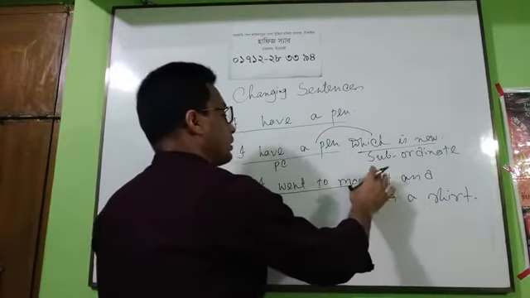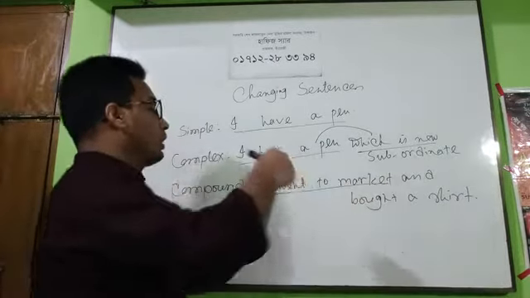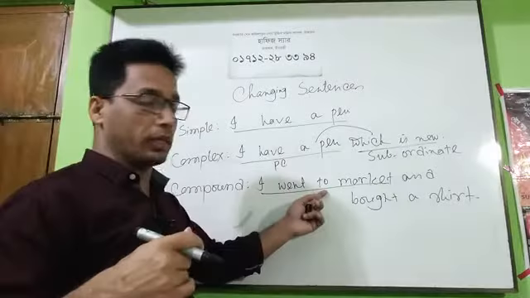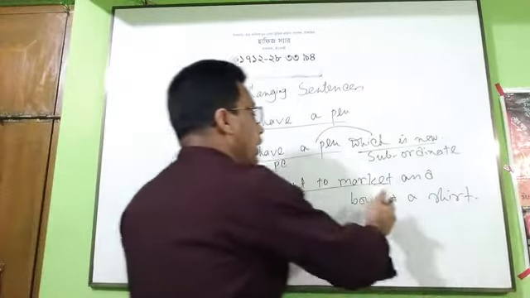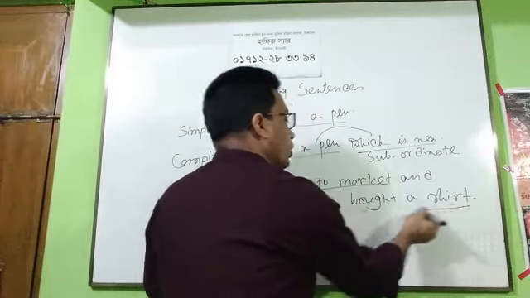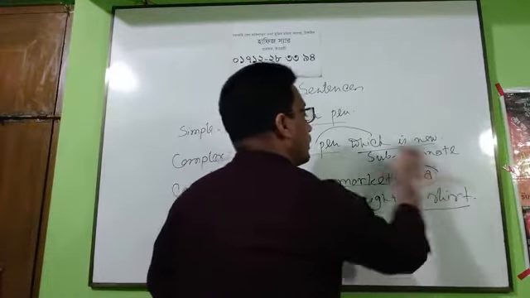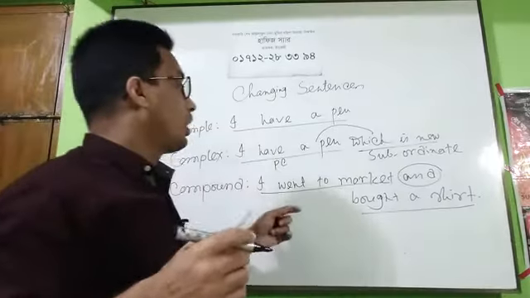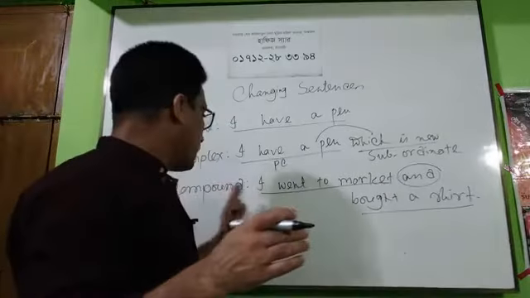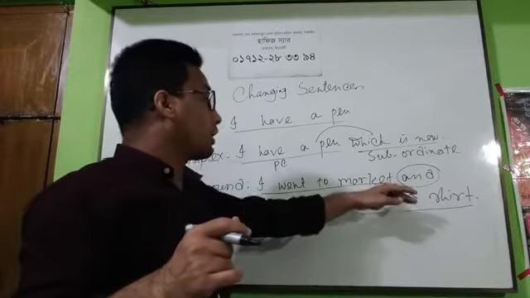I went to market. It is totally able to express its meaning, and I bought a shirt. It is also a principal clause, but both sentences are connected with and. Okay, that means compound sentence is actually connected with a conjunction.